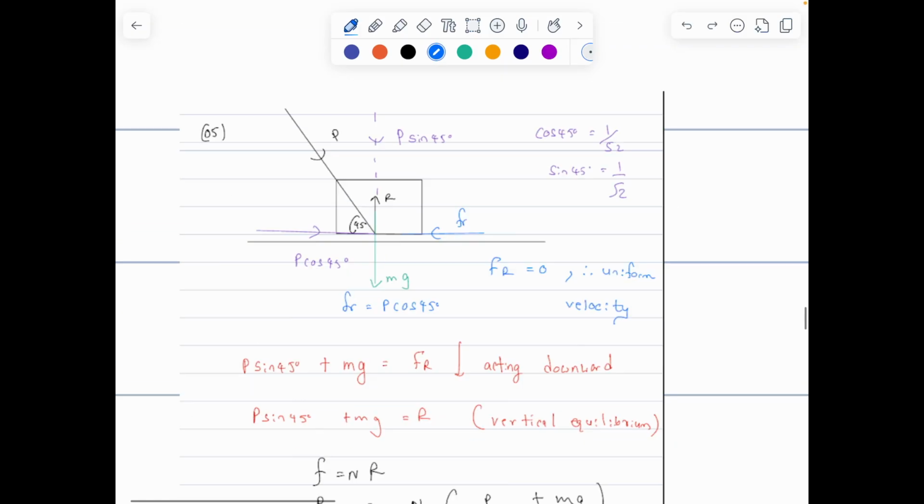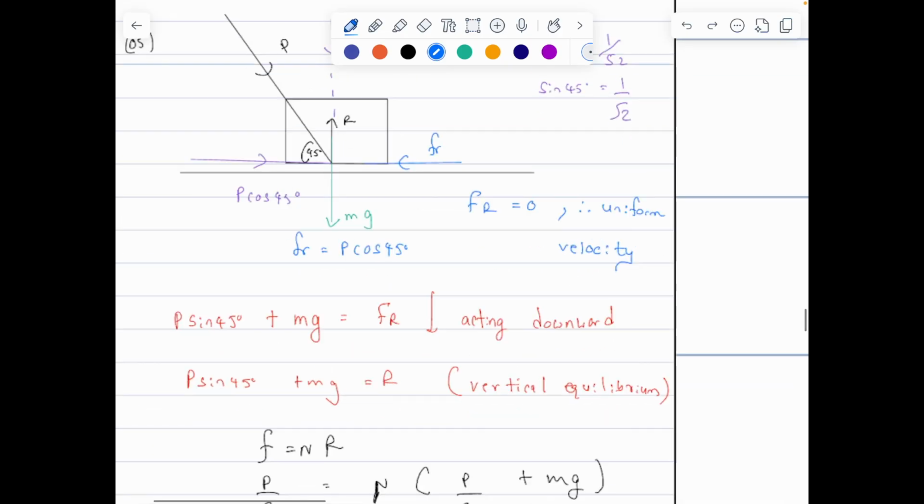Alright, so then I can say, now if you look at the value of friction, we have to talk about dynamic friction, right? Because it's moving, they're slipping. So this friction value for dynamic friction is given by mu k R. Right? I hope you can remember that.